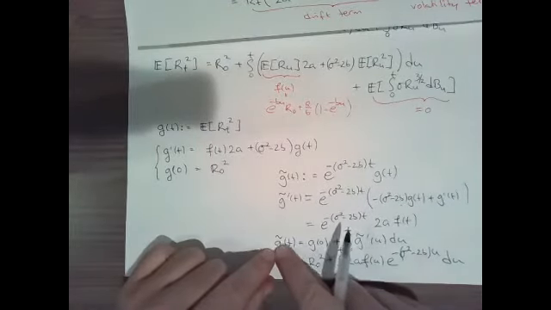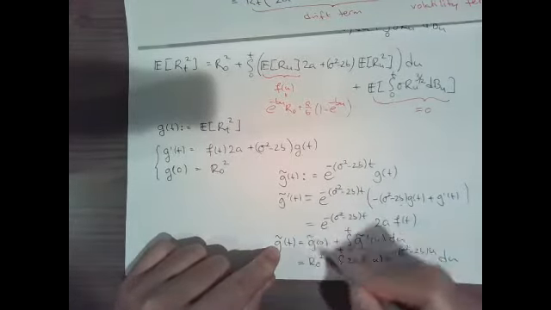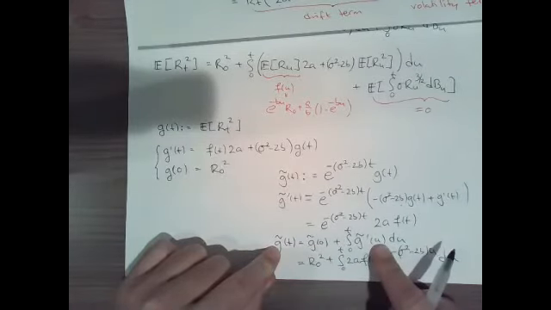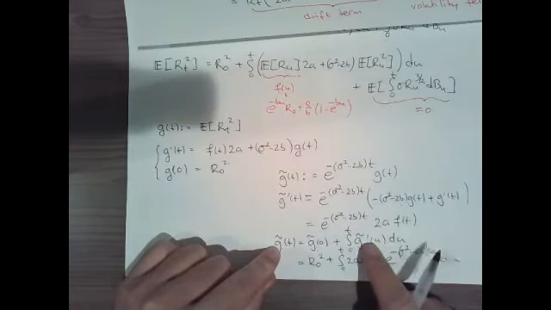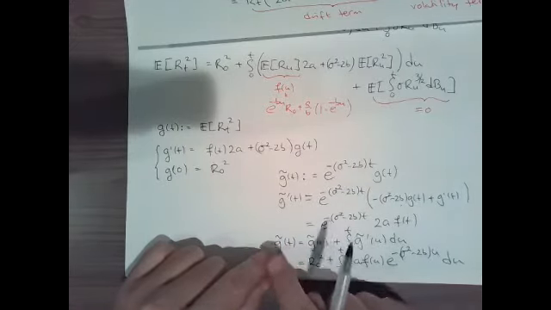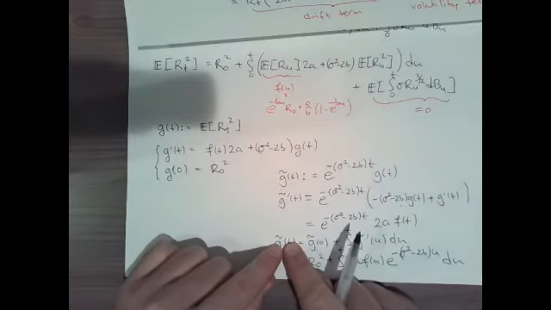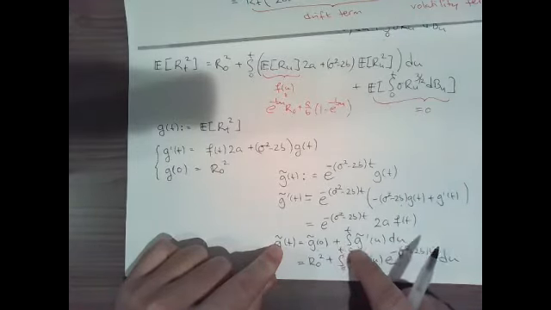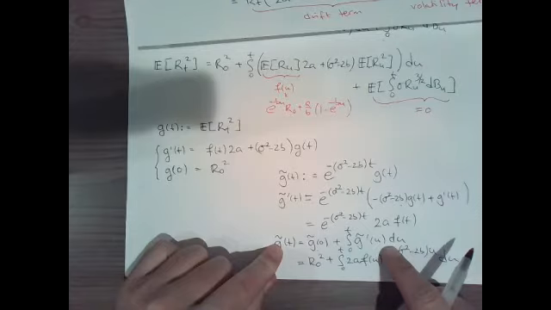I can express g tilde as its initial value plus the integral of its derivative. That's exactly what I'm using here, right? I'm writing g at time t is equal to the initial value, that's the bottom part, and then I integrate up the derivative. Gotcha. Okay.